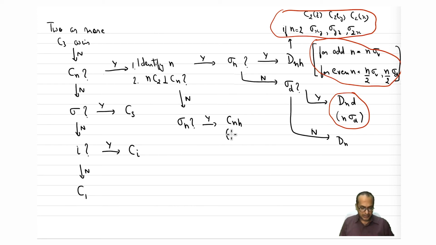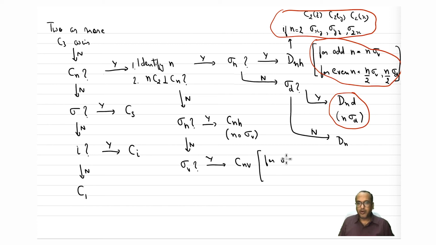Again, in this case, there would not be any sigma v present in the molecule. Okay, and if there is no sigma h, then you ask if there is a sigma v present, and if it is a yes, then you say it's a Cnv.